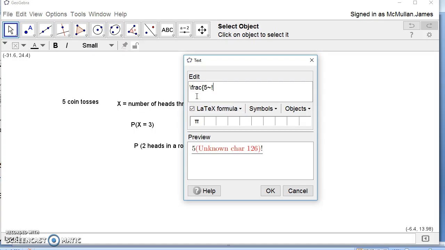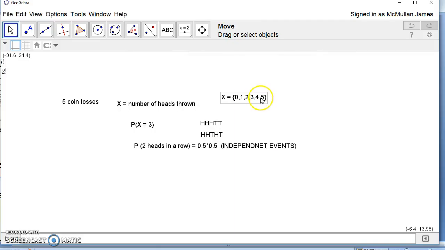5 factorial over 3 factorial for the repeated H's, and 2 factorial for the repeated T's.